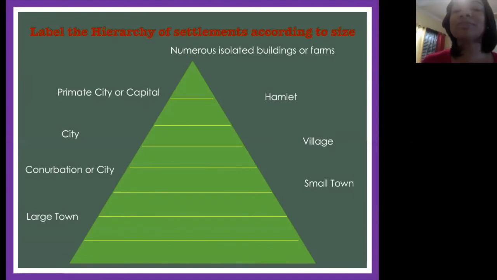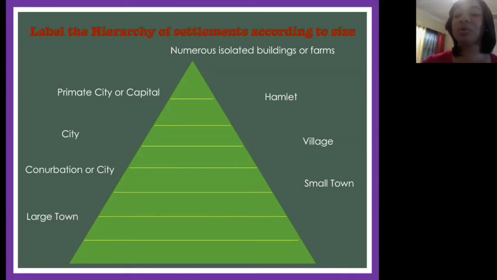So I'm going to give you some small clues. This is something else that we looked at yesterday as well. And we're going to be able to label the settlement hierarchy according to size. Remember what we discussed yesterday? We talked about how the settlement hierarchy at the base, which is at the bottom, starts from our smallest settlement going up to our largest settlement.